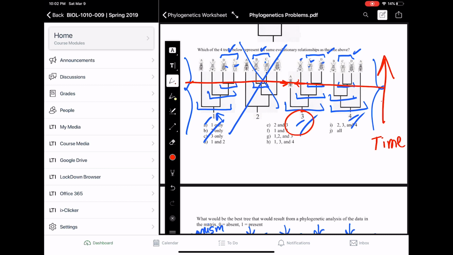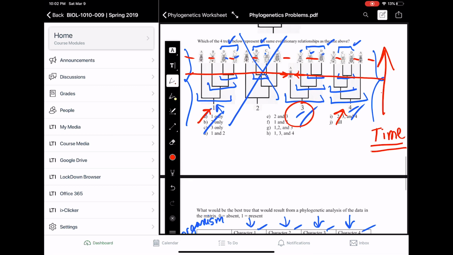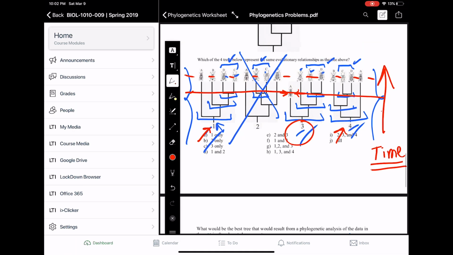So tree number 3 is telling you something else. But trees 1 and 4 tell you the same thing, right? Anyways, that's only if they include in the question that you should take into account time. So basically, that's how you interpret trees, and keep that in mind as you are taking the test. Good luck.